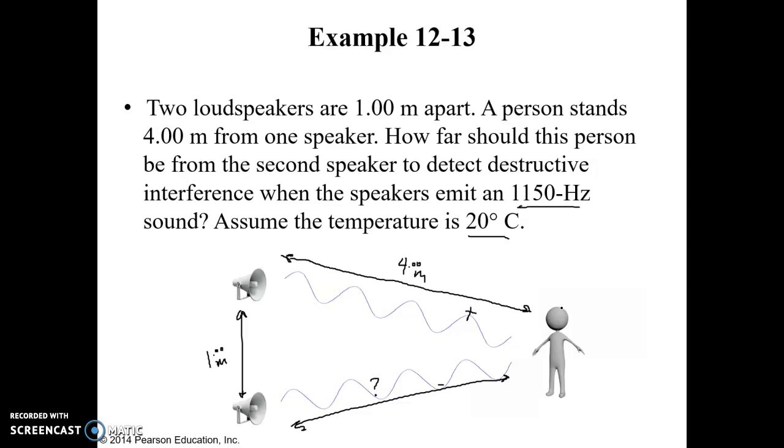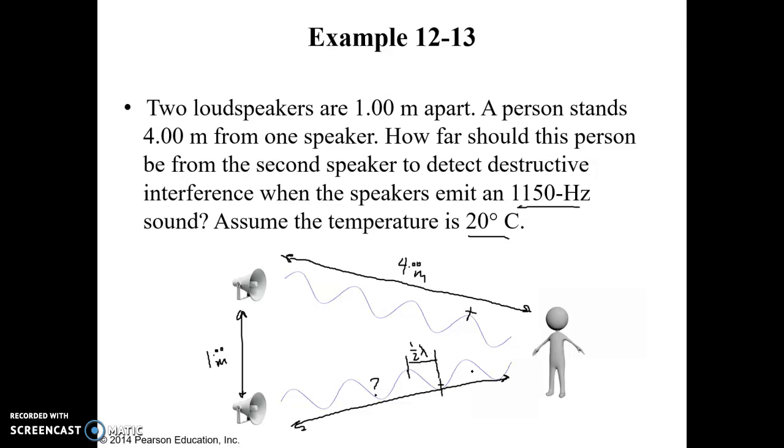The two sounds will cancel each other out. Well, what we need to do is make sure that the distance to the second speaker is the distance from the peak to the bottom. That's half of a wavelength.